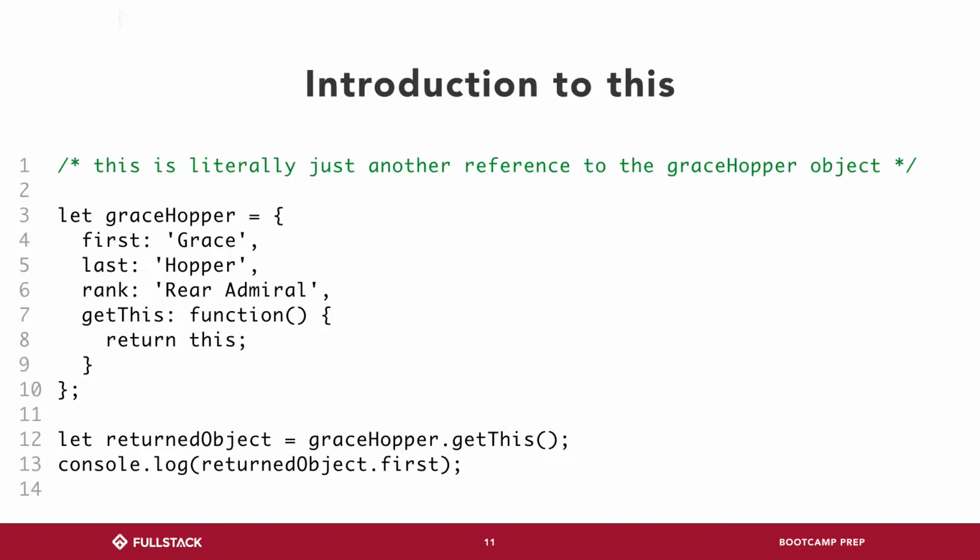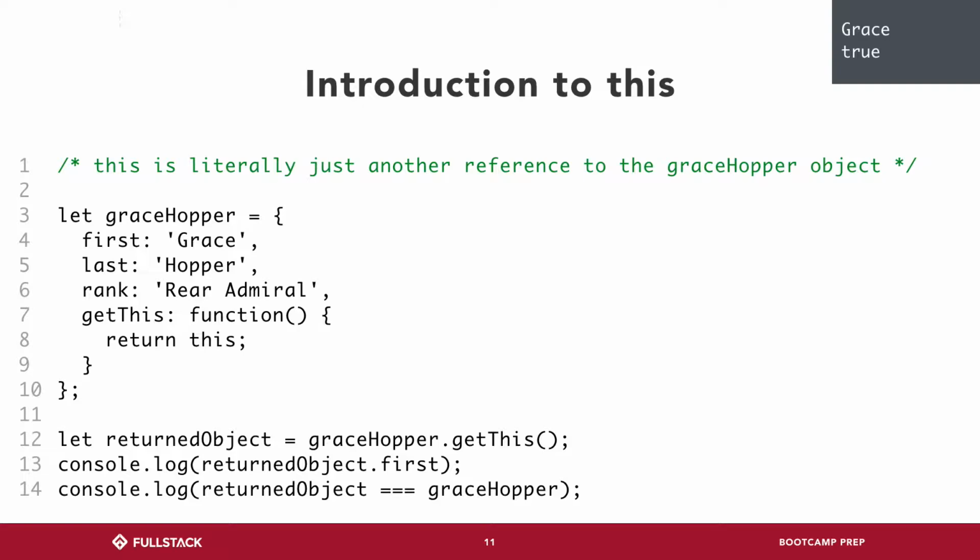Return object.first. Yep, it would just be Grace because it's exactly the same object. Yep, just another reference to the Grace Hopper object.